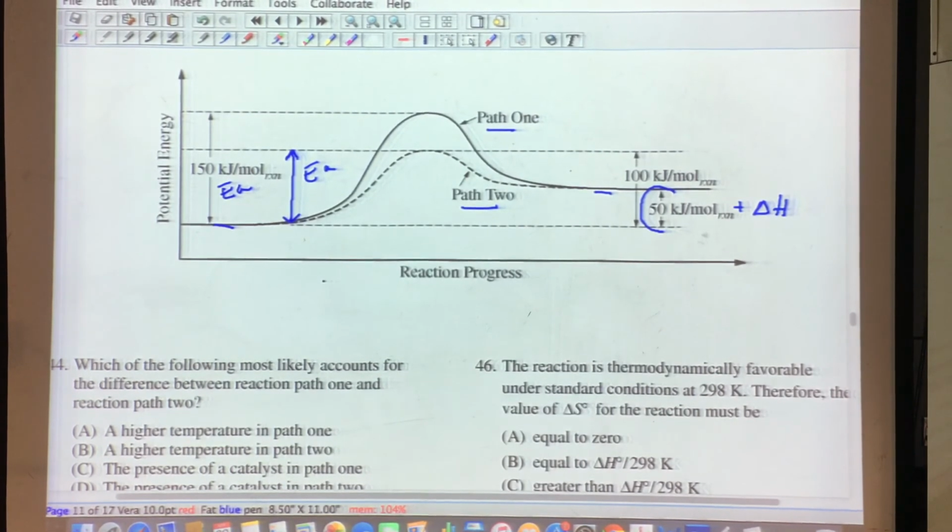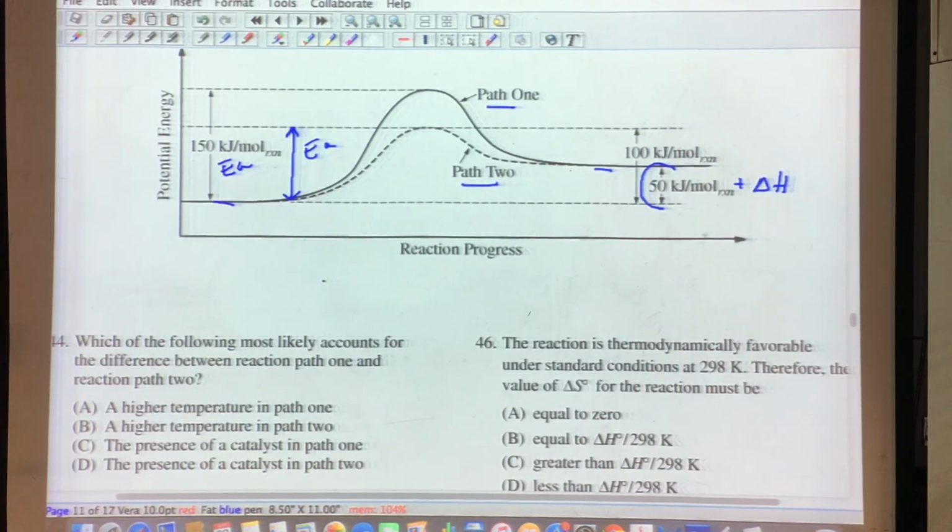So what accounts for the path? We should realize that a catalyst provides a totally different reaction pathway, and the combined activation energies of all the individual steps are going to be lower. So it's the presence of a catalyst in path 2. Now, I like writing it like this.